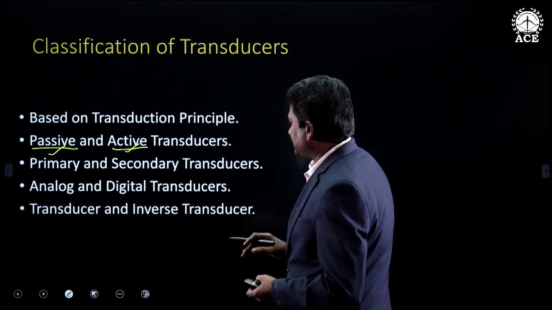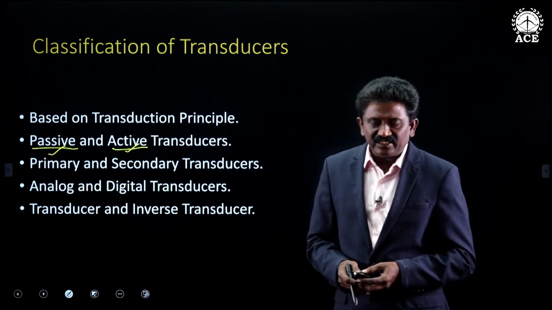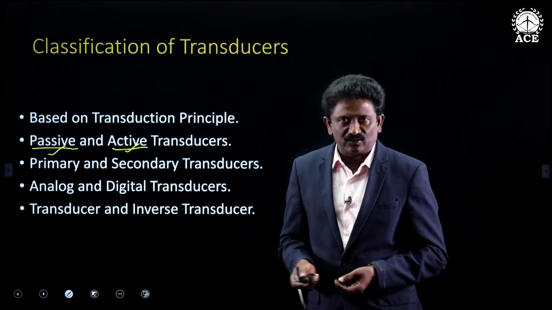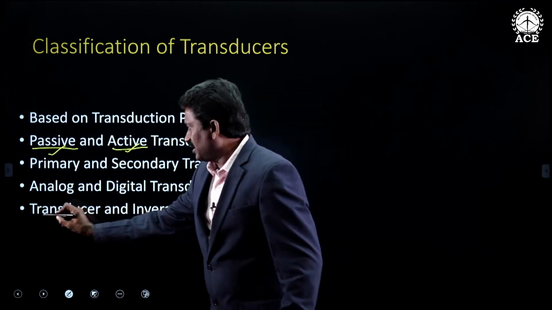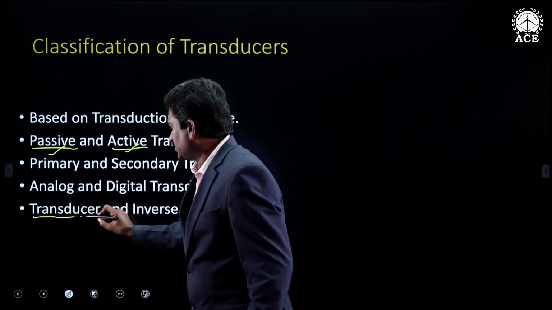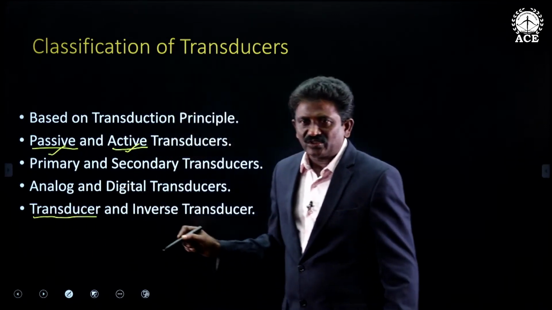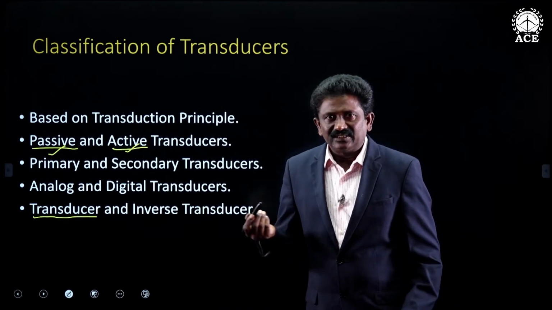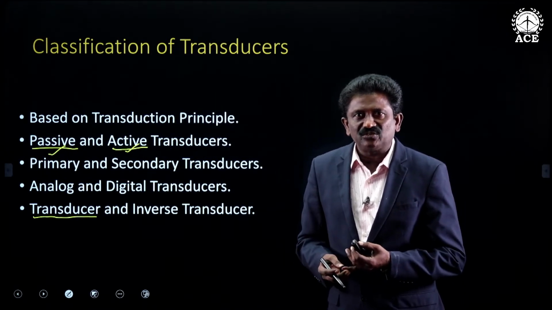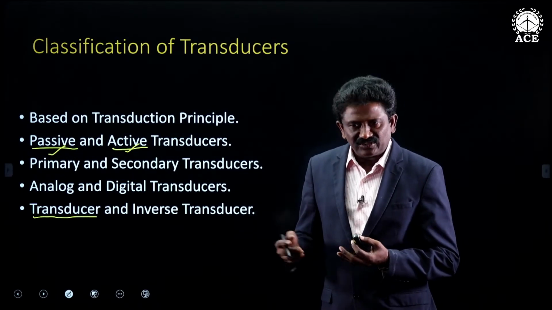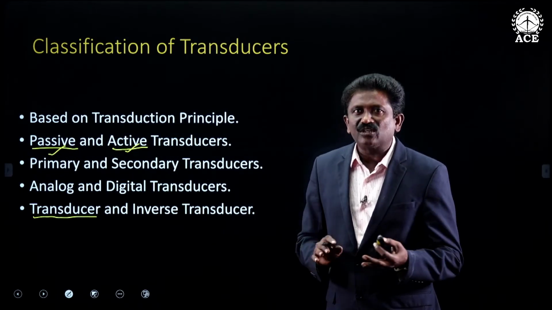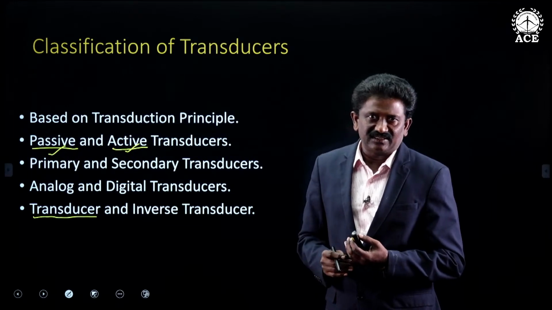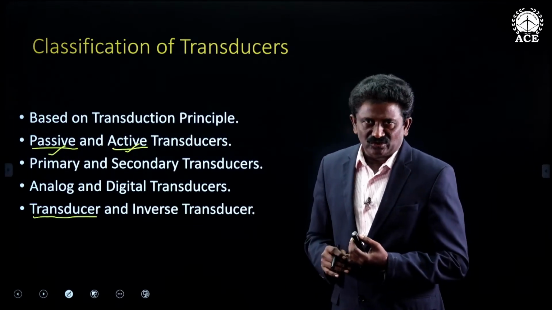Last one, transducers and inverse transducers. Already you know the idea about transducer. Already I gave the definition of the transducer. So actually a transducer will convert any form of the energy into another form. That means this will convert any physical quantity into an electrical signal. This is the function of the transducer.